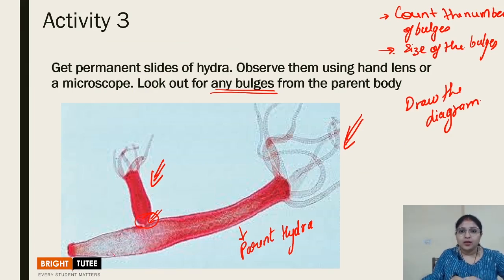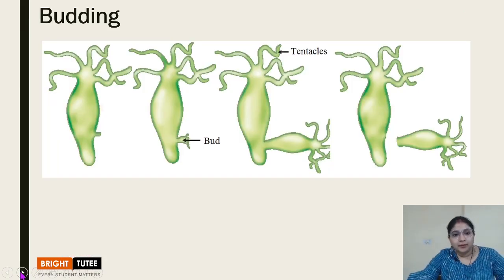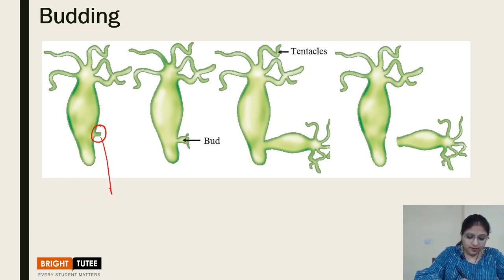Let's understand. So this is a unique way in which the animals like hydra reproduce. This process is called as the budding. Right? So what happens in this process is that when a hydra is matured, you will see that there is a formation of a bulge. This bulge is called as the bud. Right?